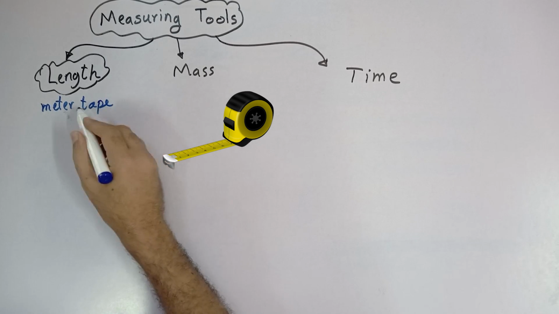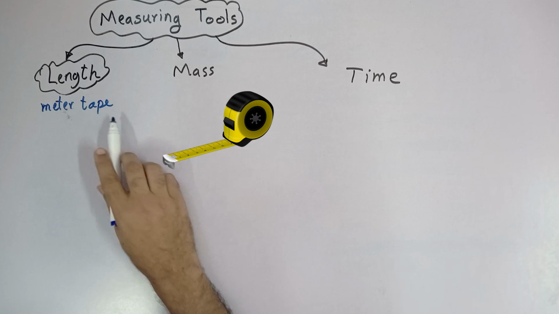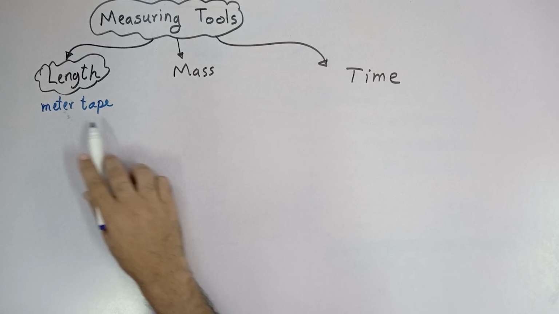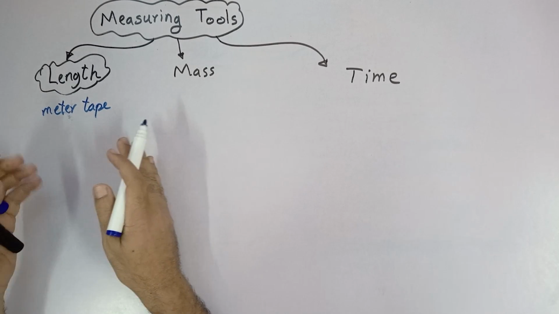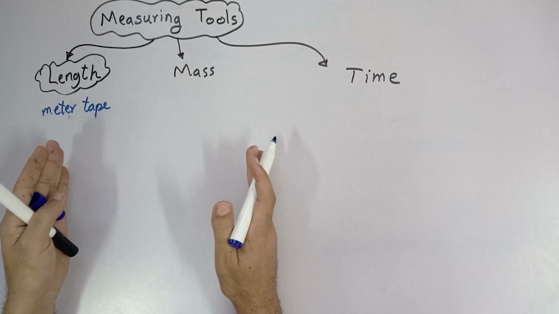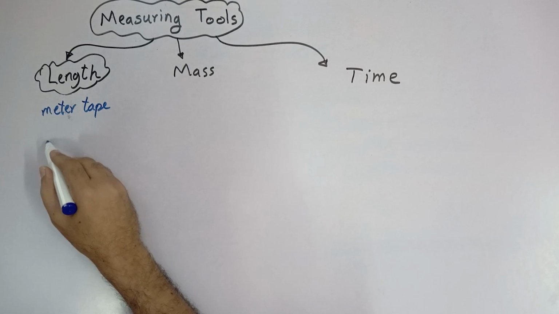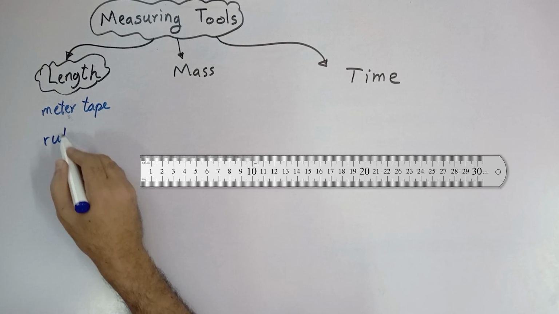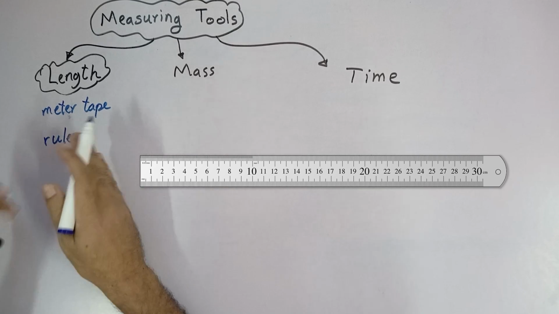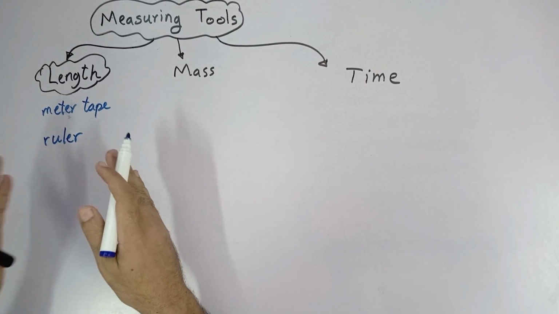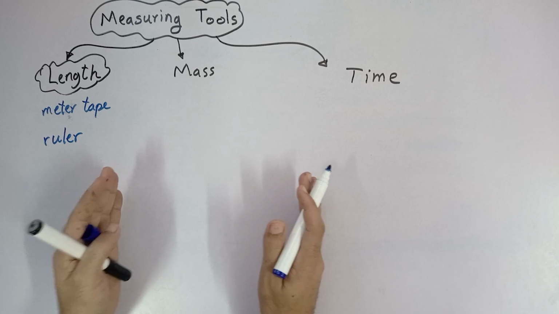If you want to measure a short distance, you can use your ruler. A ruler is a tool to measure short lengths.